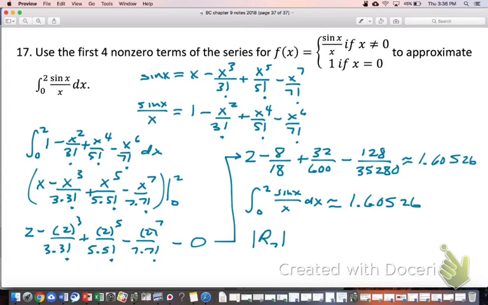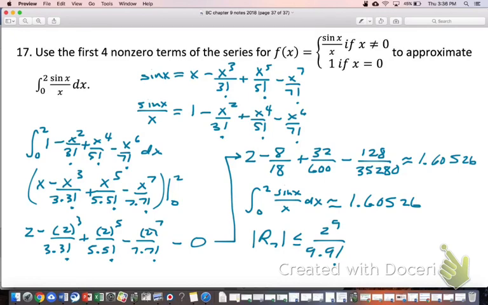My remainder based on the 7th degree, or my error based on the 7th degree, would be less than or equal to the next term, which would be 2 to the 9th over 9 times 9 factorial, which is, I think, a pretty tiny number.